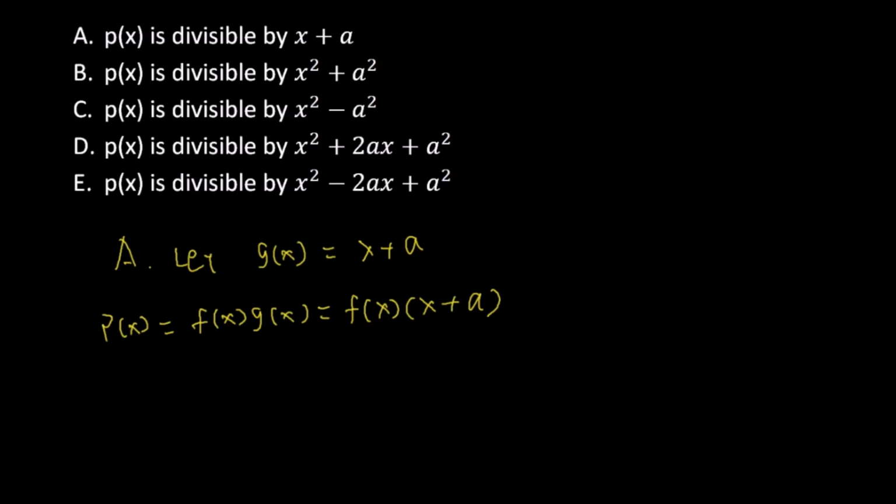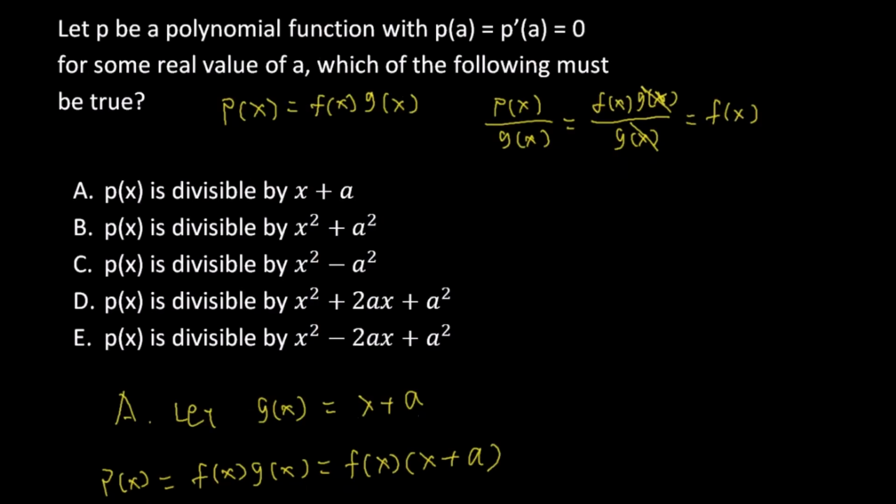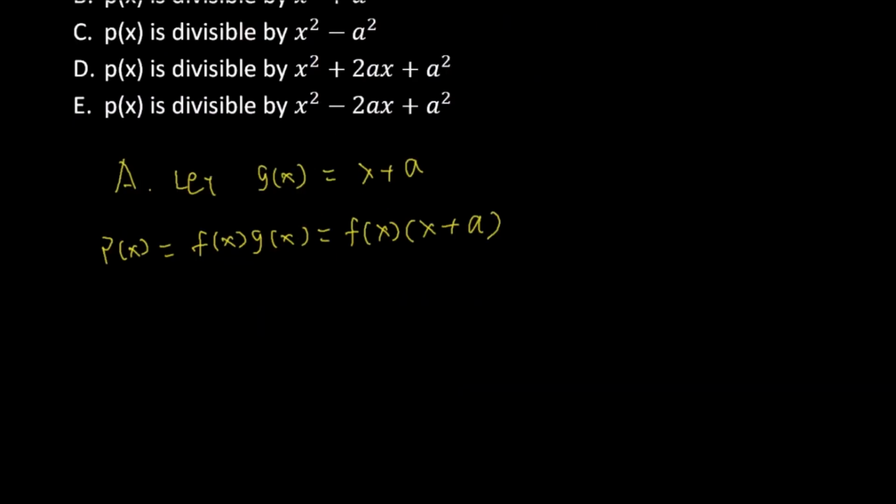So what are we looking for? We have to keep in mind that this statement is valid: p at a equals p prime at a equals 0. So if we plug a into x here, for p at a we are supposed to get 0. P at a is f at a times, now x is a, so a plus a.